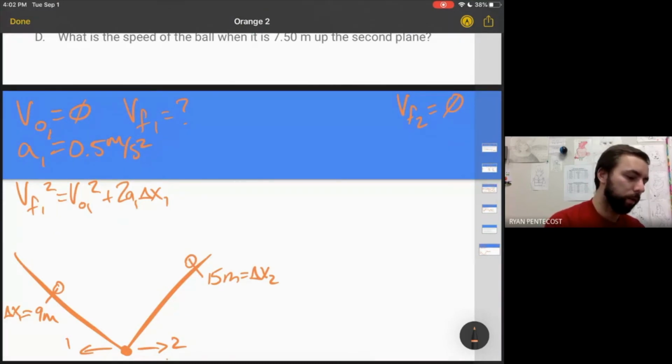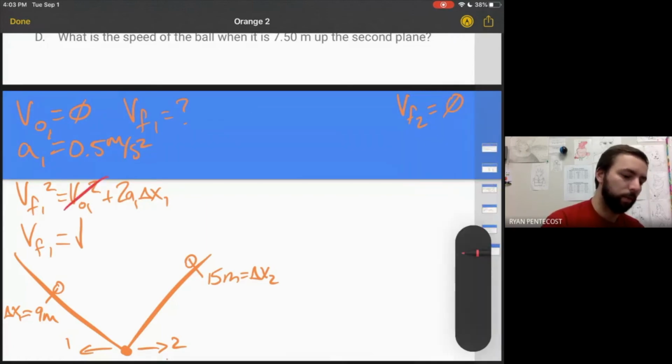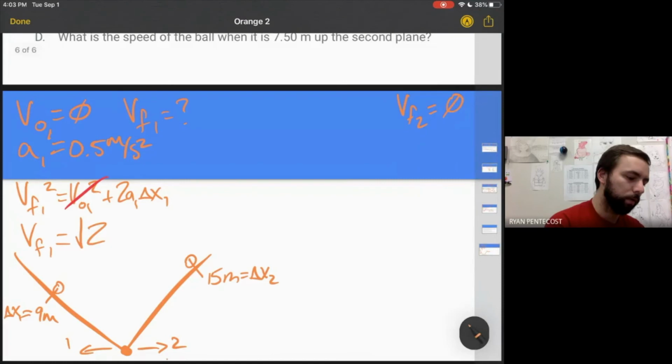Let's put in our numbers. V final 1 is the square root of, oh, we can get rid of that guy. That's 0, right? So it is the square root of 2 times 0.5 meters per second squared times 9 meters.